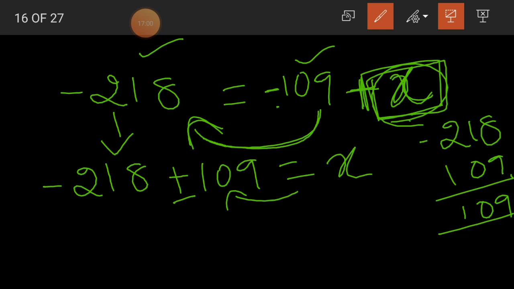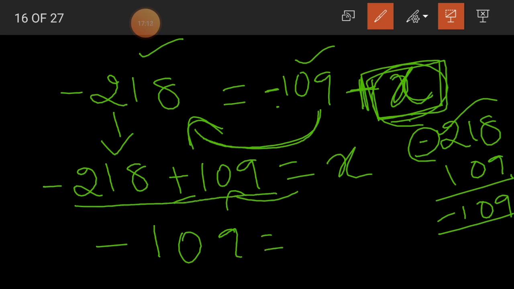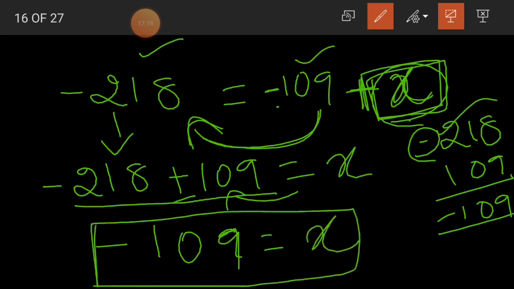Right? What about the sign? 218 is the higher absolute value number. It is a negative number, so the answer will also have a negative sign. Minus 218 plus 109 gives us the answer of minus 109, which is equal to x, which is our required other integer. Understood? What did we do?